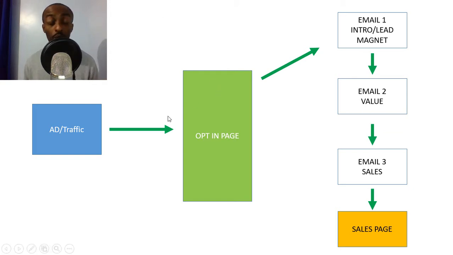Normally, once you've opted in, you go onto the list of whoever owns that opt-in page. And once you're on their list, you're normally presented with a series of emails. Email one is usually to do with an introduction.